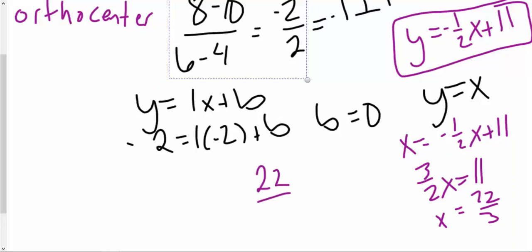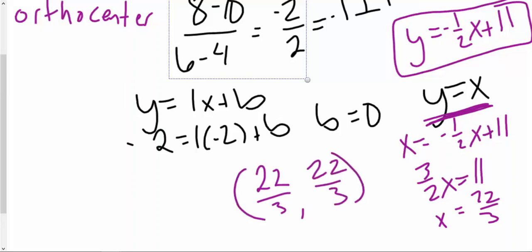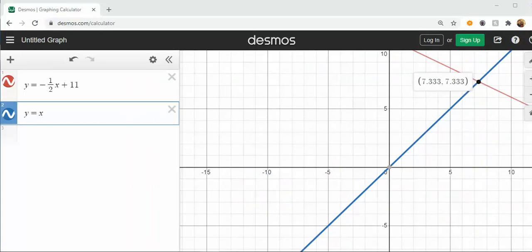So my final answer is 22 over 3, and because x equals y, I'd also get 22 over 3. If we were to graph this on Desmos, what would we get? Well, we can see here we get 7.333 repeating, which is 7 1/3, which translates to 22 over 3.